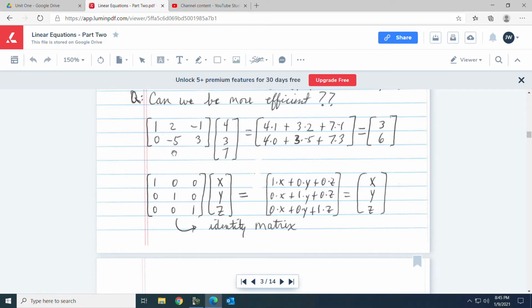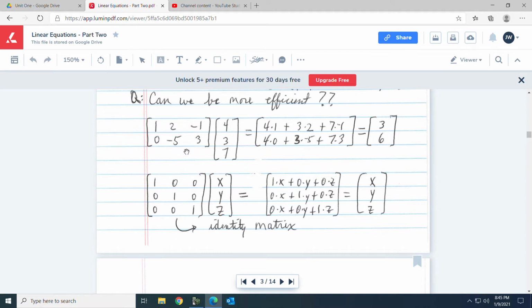One thing I do want to point out about multiplication, with adding or subtracting, you had to have the same size matrices. With multiplication, that's not true. We have a 2 by 3 matrix A, a 3 by 1 matrix X, or vector X, however you want to look at it.